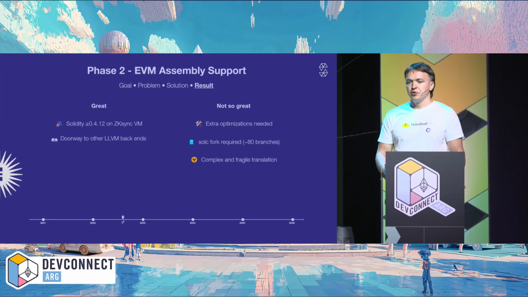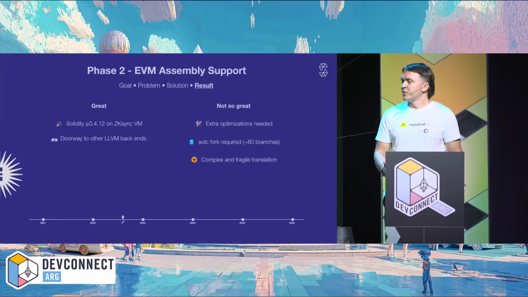And we had to fork solc to get rid of dynamic jumps. Basically, we did that in all versions of Solidity. We had to maintain 80 Solidity versions for 3.5 years since we released the first EVM assembly support. And the translation itself was complex, and the algorithm was kind of fragile.